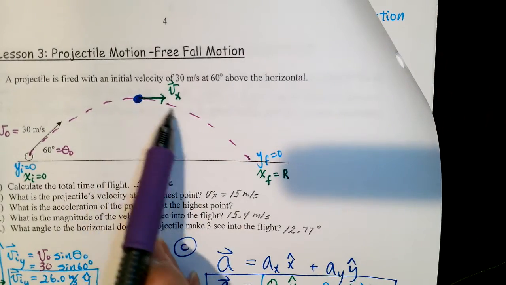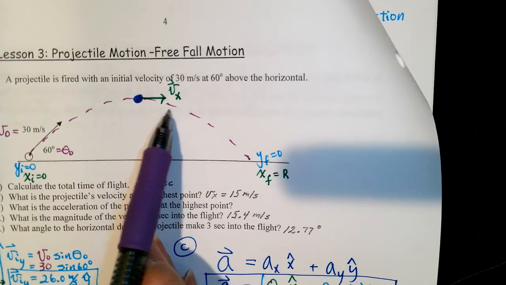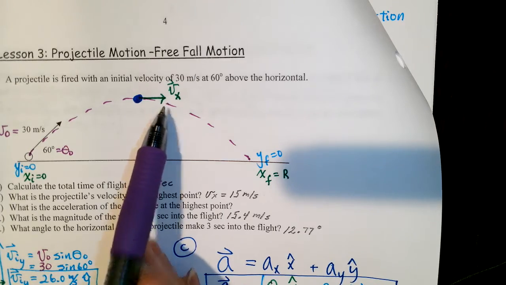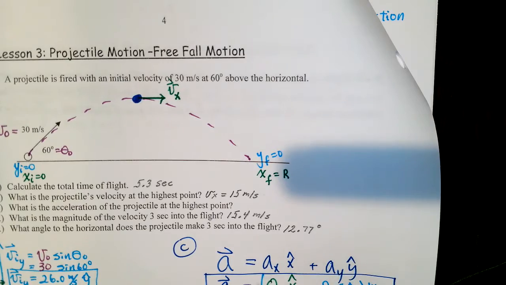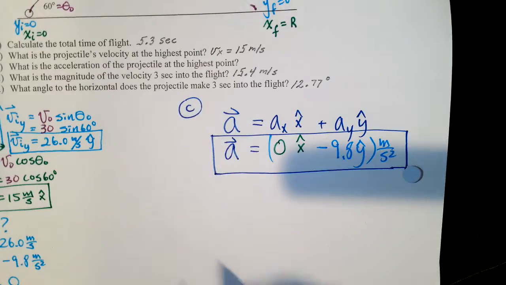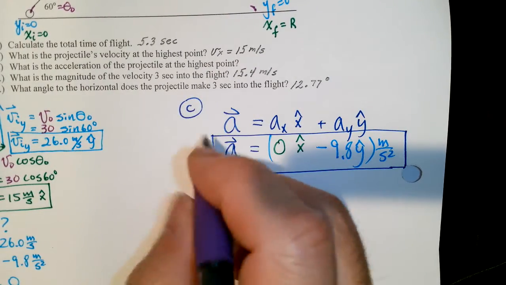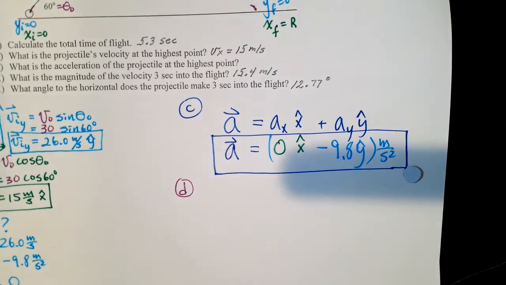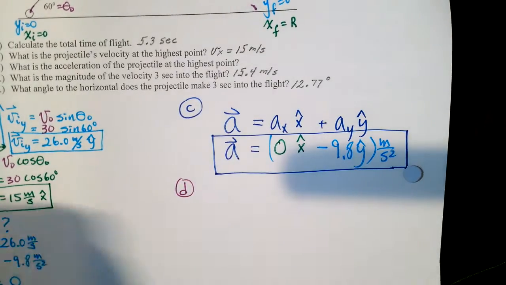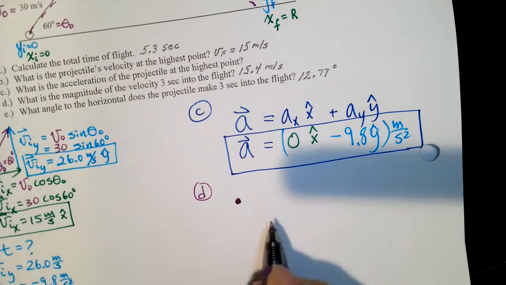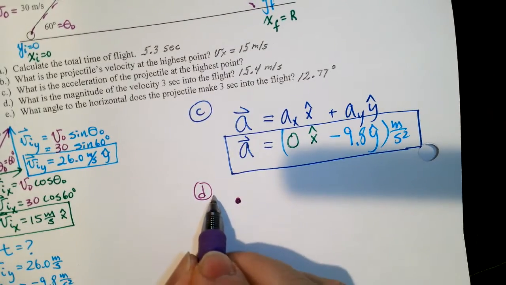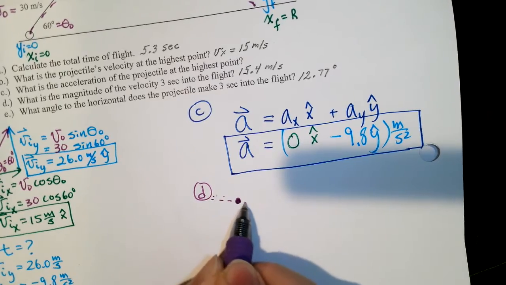So 3 seconds would be beyond the halfway point, so it should be on the way down. Everybody okay with that logic? All right. So for part D, I know my projectile will be on the way down, sort of like this.